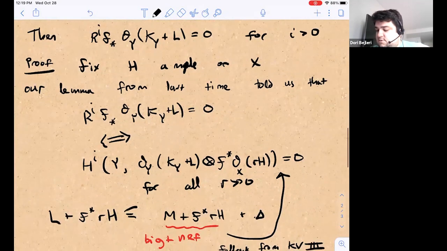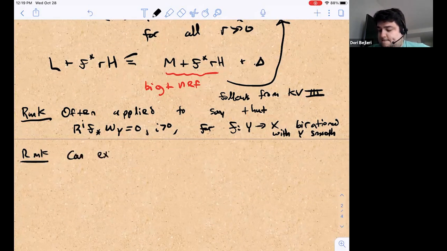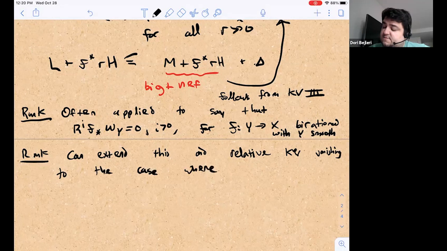And so I'll just say remark. You can extend this and the relative KV vanishing that we'll prove in a little bit, where it follows the same structure, to the case where the morphism is projective, but the varieties themselves might not be projective, by taking a projective compactification.